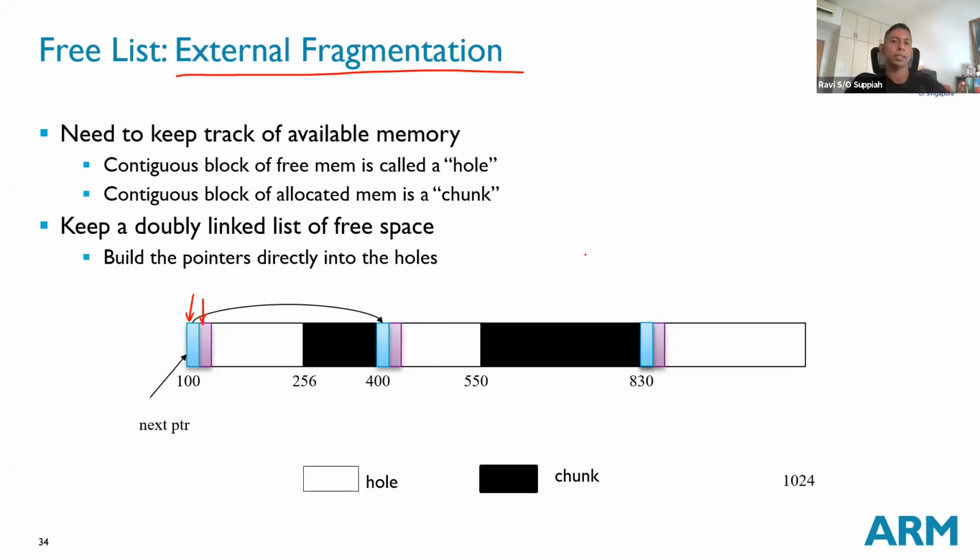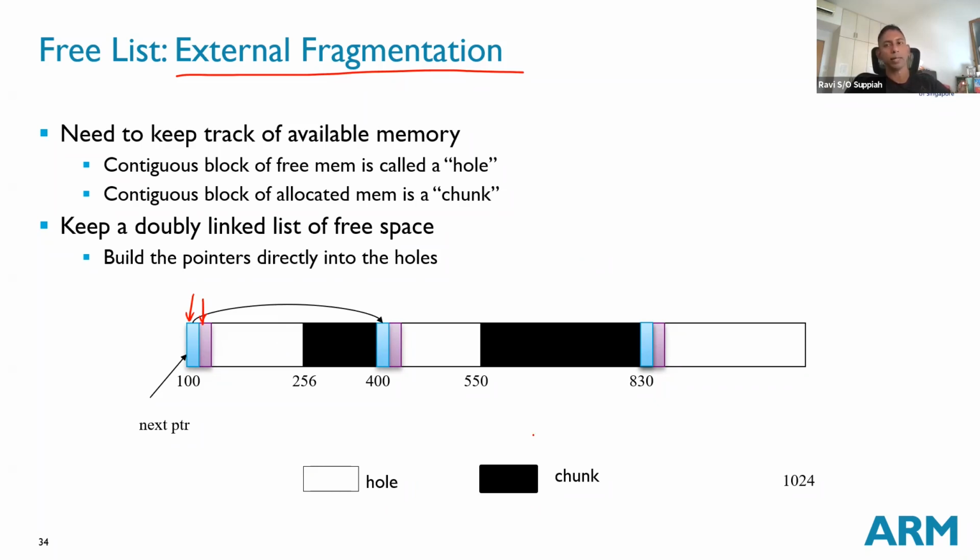For internal fragmentation, you just need to know which blocks have been utilized, because within each internal block you already allocate the memory, and the free part you can't touch. Whereas for external fragmentation, you have a mix of holes and chunks. That means holes are the available space, chunks are the used space.